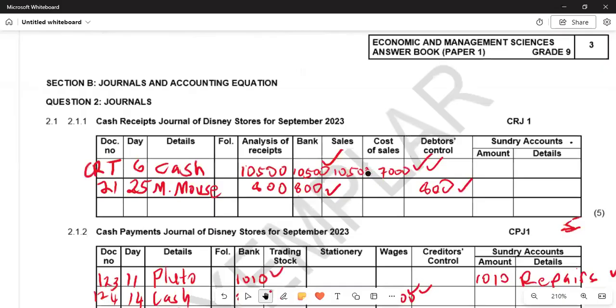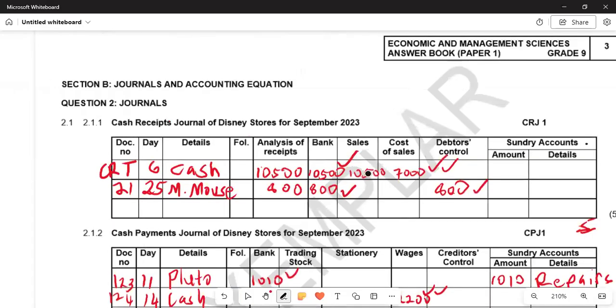Then we go straight to the analysis of receipts, which is he or she paid us 800. So that 800 goes straight to the bank. And then we also have debtors control, because Mouse was our debtor. We sold goods amounting to 1,800, but he only managed to pay us 800. That is why the 800 is recorded under debtors control.